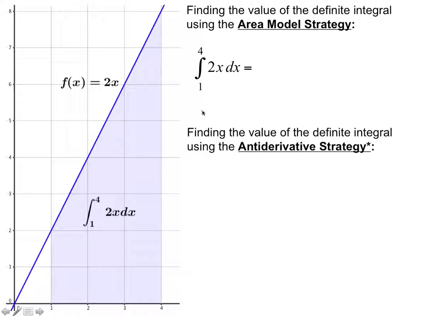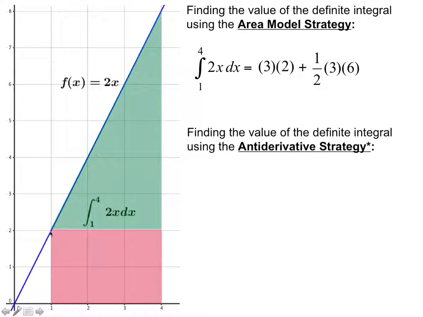So I'm going to take the rectangle here, which is 3 by 2, and add to it the triangle, which is half base of 3 and height of 6. And so the definite integral here has a value of 6 plus 9, which is 15.